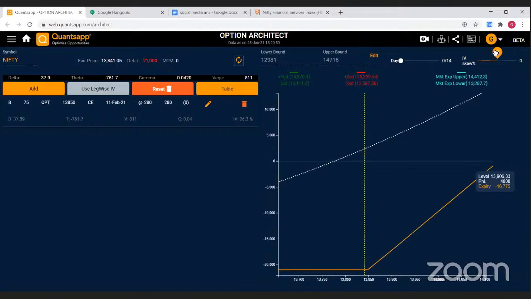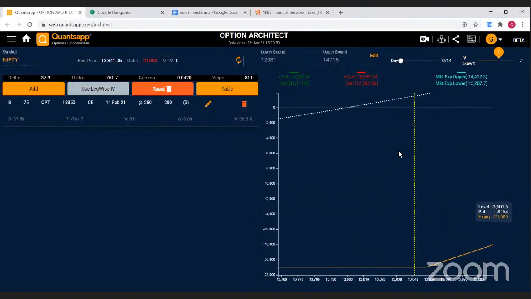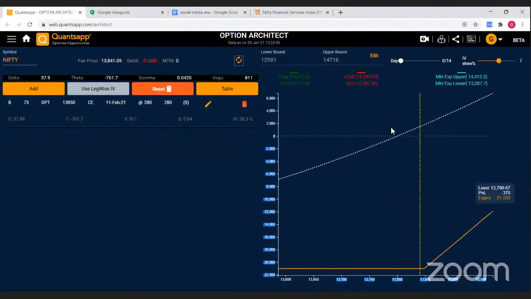Now we want to see the impact: what if the volatility has surged by 7%? Now you can see there's a small increase in the option payoff because of the increase in volatility.